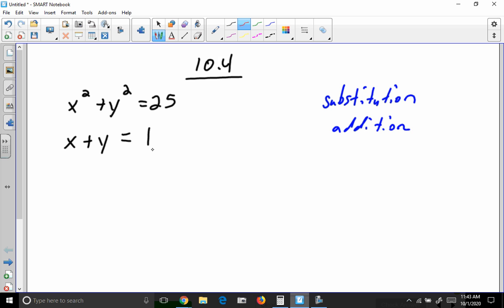In this particular example, notice that we don't have like terms between the two variables other than the constants. In the first equation, x is to the second, but it's to the first in the bottom equation. Same thing with the y's. So if we were to do the addition method, we would not be able to make the x's cancel because we couldn't make them opposite without multiplying by a variable, and we don't want to multiply by any variables.